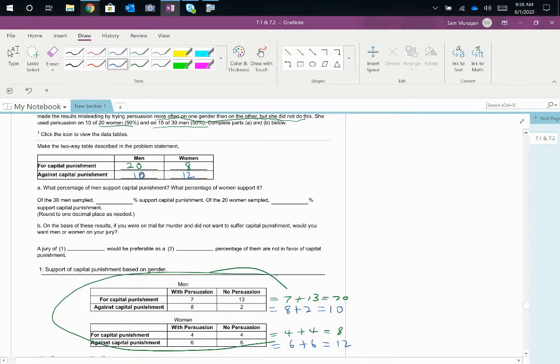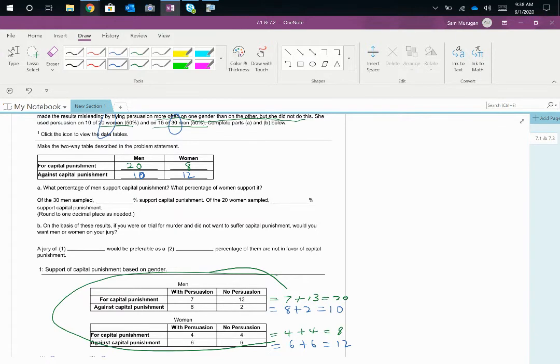Notice that the column for men adds up to 30, which matches what we have here. And the column for women adds up to 20, which matches what we have up here. What percentage of the men support capital punishment and what percentage of the women support it?